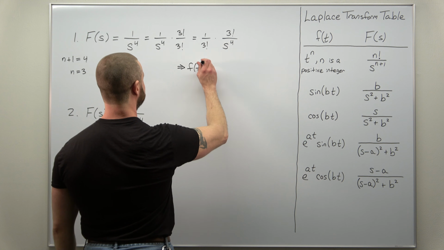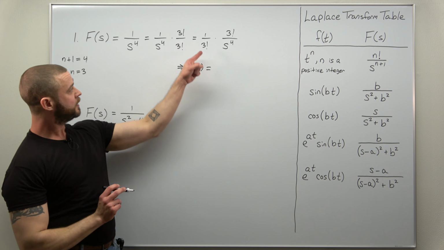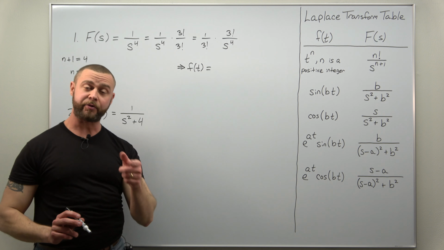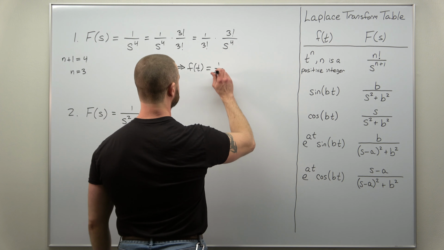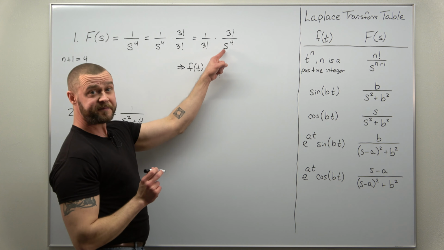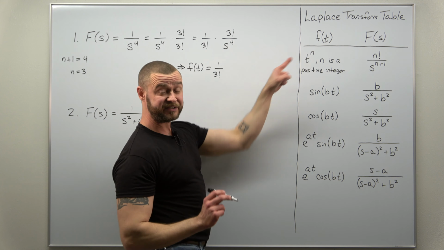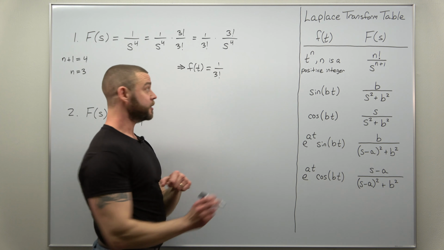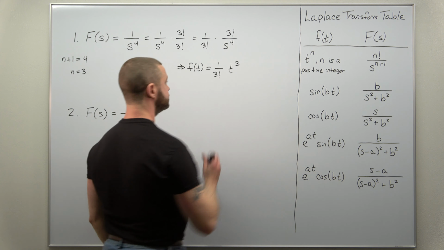So directly from here, our function of time, the little f of t, we just have a constant multiple out front, 1 over 3 factorial. And now the 3 factorial divided by s to the 4th transforms back as t to the 3rd power. And that's it.